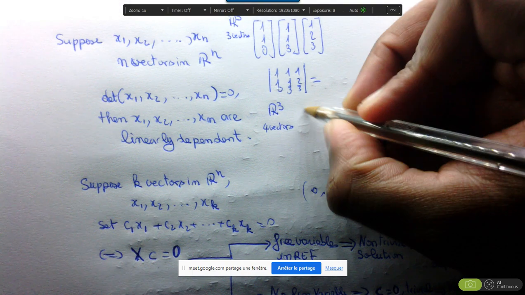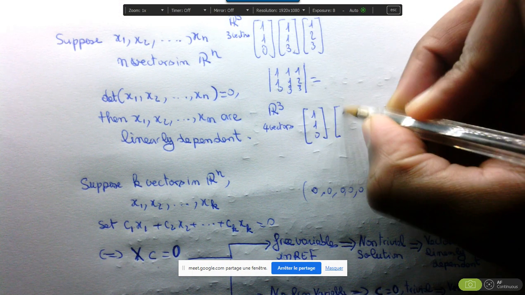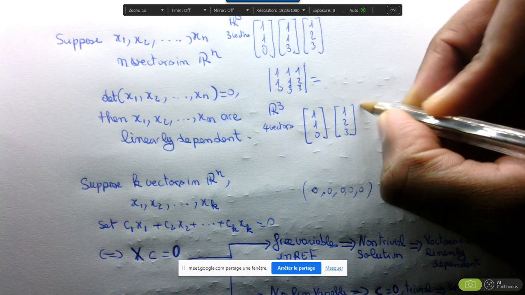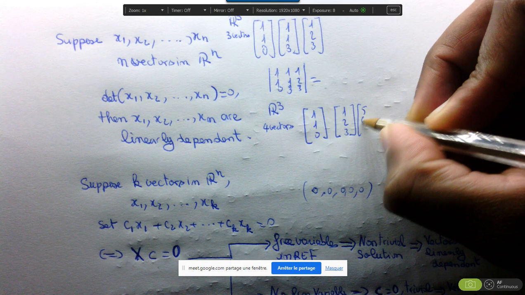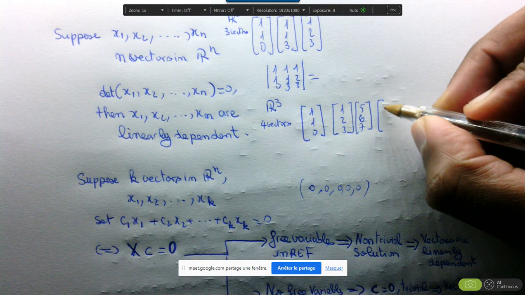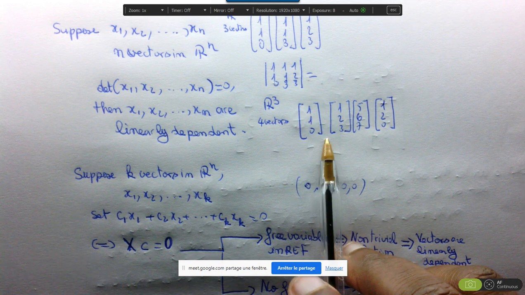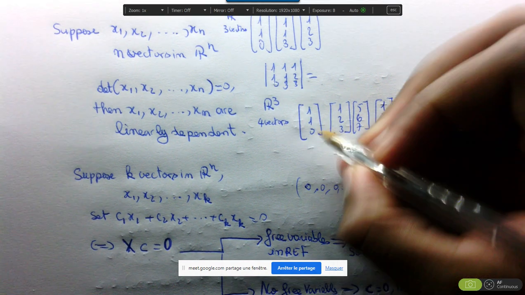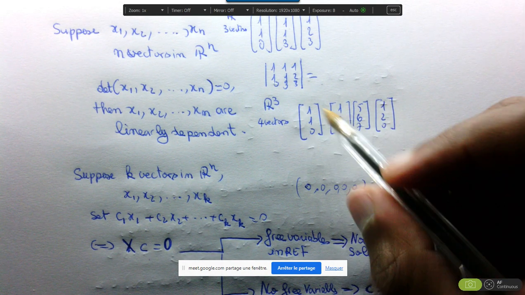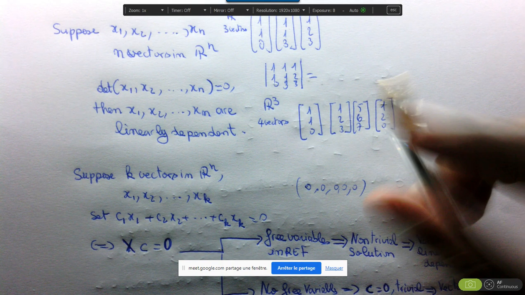Suppose that I have 1 1 0, 1 2 3, 4 5 5, 6 7 and 1 2 0. Now I can no longer use the technique of determinant because I have a 3 by 4 matrix. The determinant works on n by n matrices.